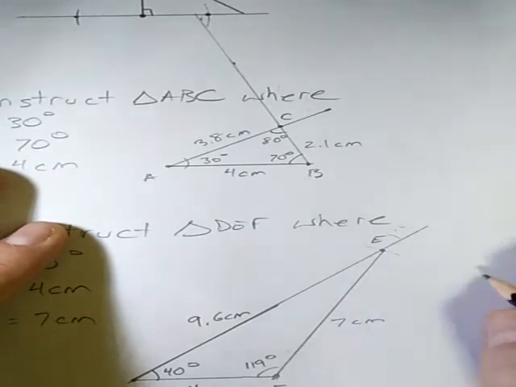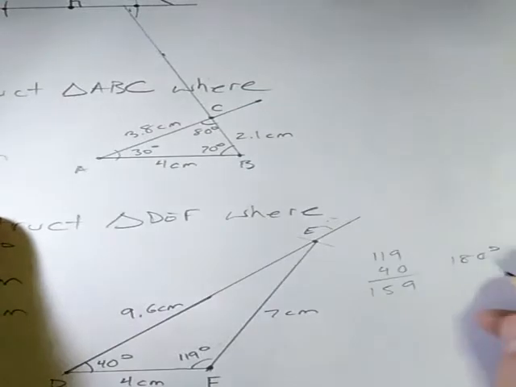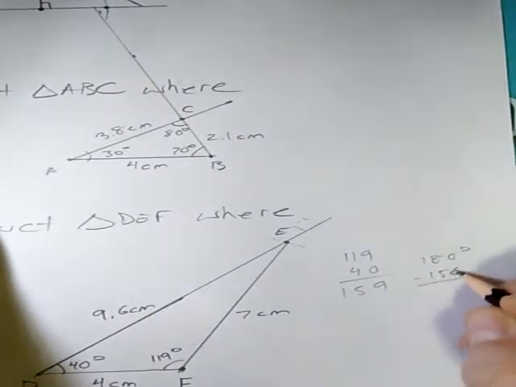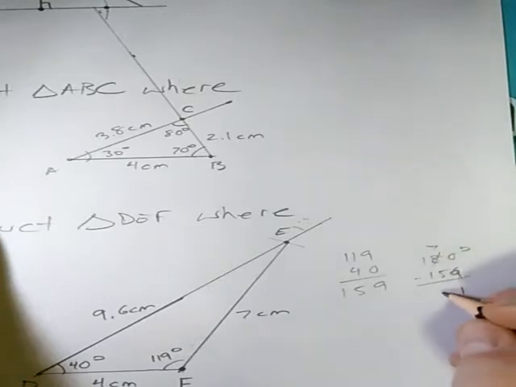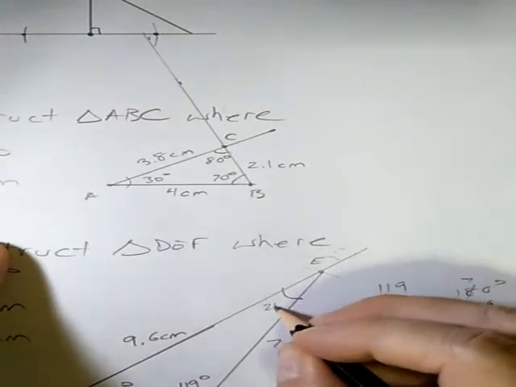So I am going to do the math and just make sure. 119 and 40 is 159, and there are 180 degrees in a triangle, minus 159. So that is 1. 7 minus 5 is 2. So actually it's 21. It looked more like 22.